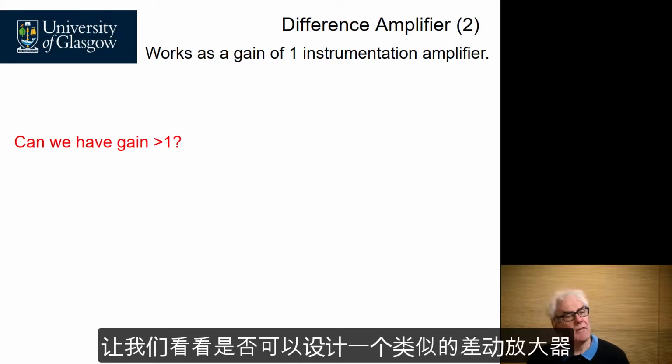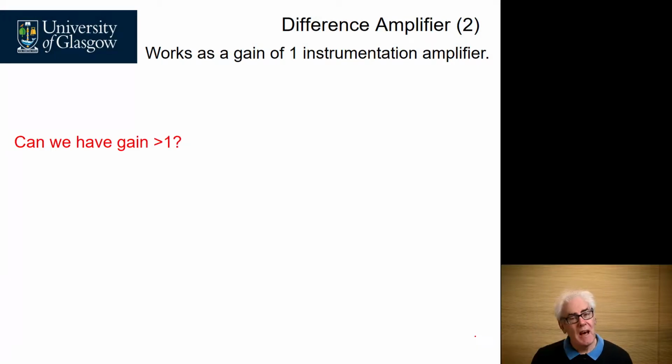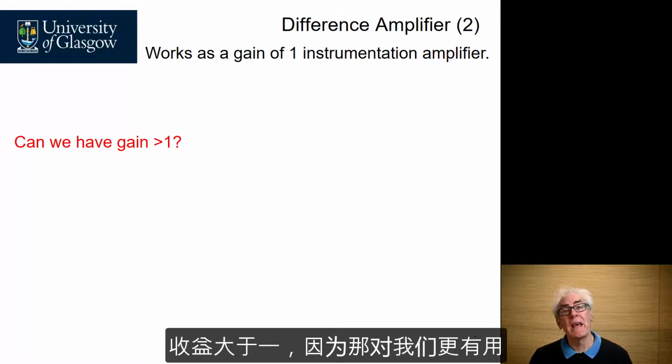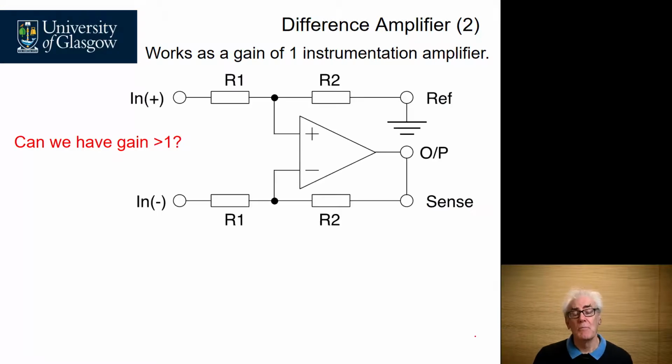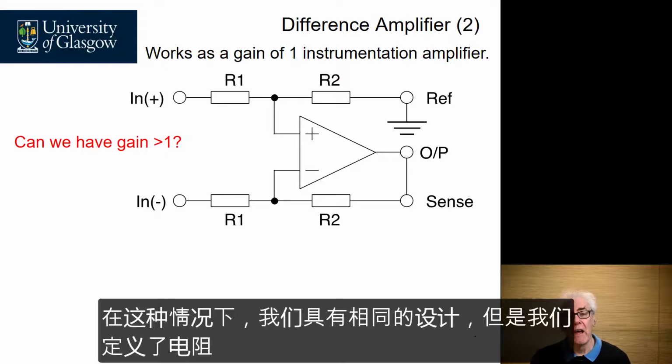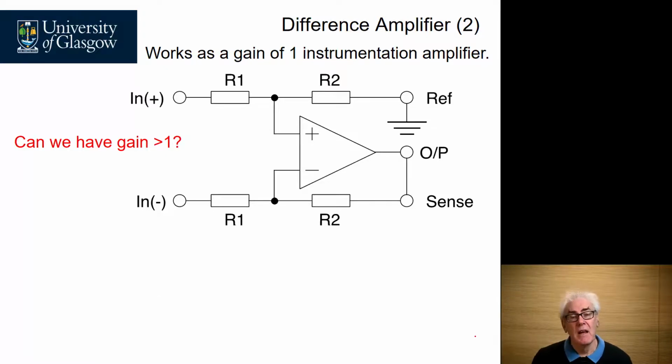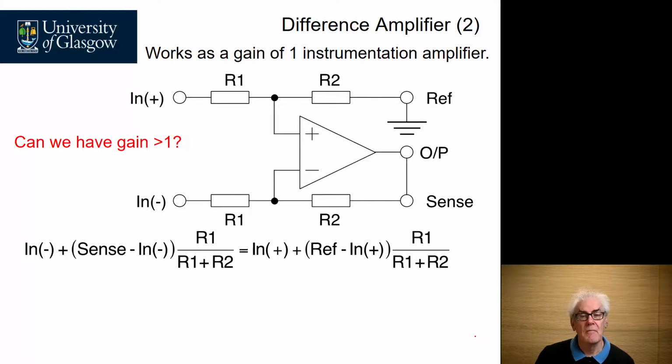So let's see if we can design a similar difference amplifier but with a gain of greater than 1, because that would be more useful to us. In this scenario, we have the same design, but we've defined the resistors as R1 and R2.